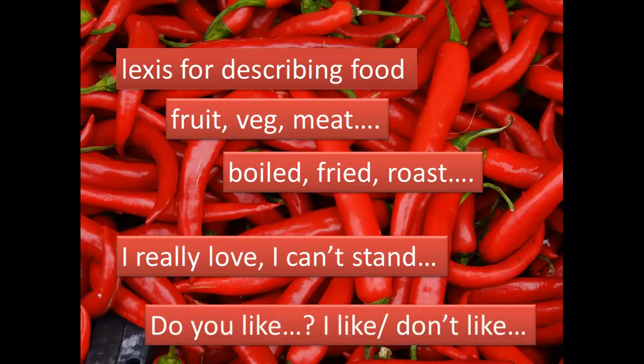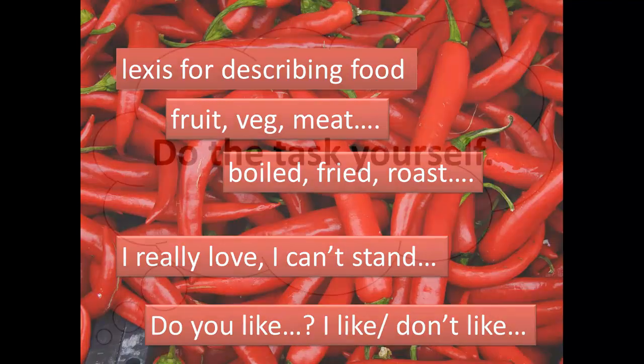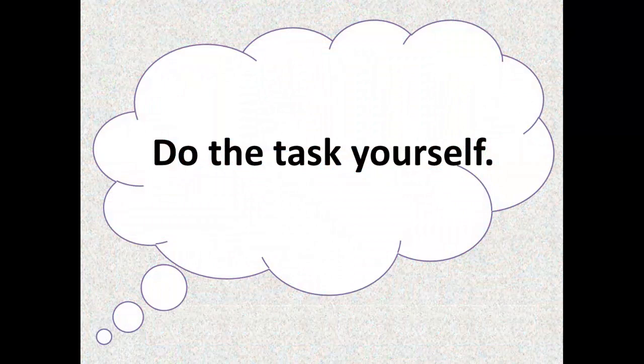It might be grammatical structures, simple present question forms, negating, do you like, I don't like. So think about what they're going to need. A good way of finding this out is to do the task yourself. Actually do it out loud if it's a speaking task, and see what language you need to do this.